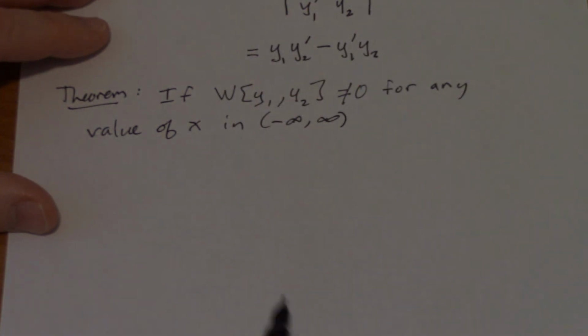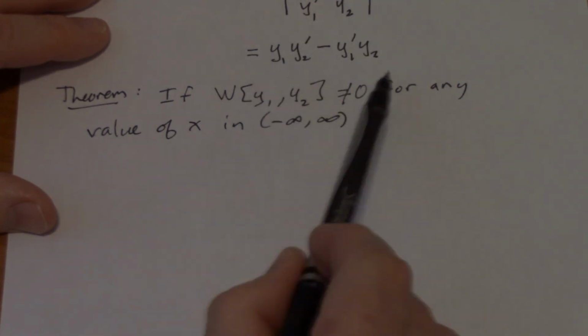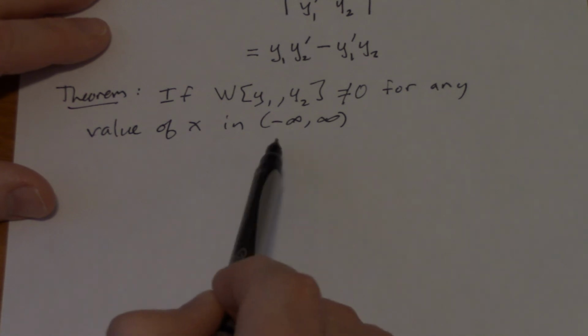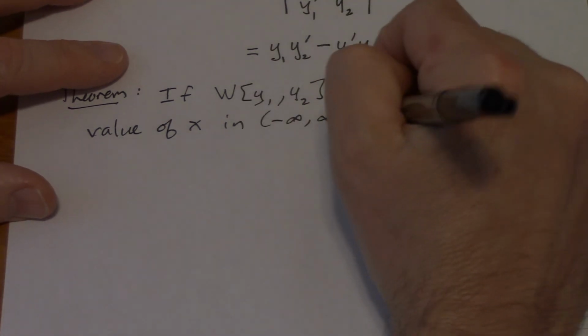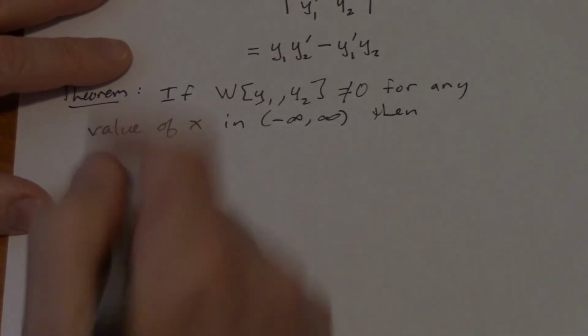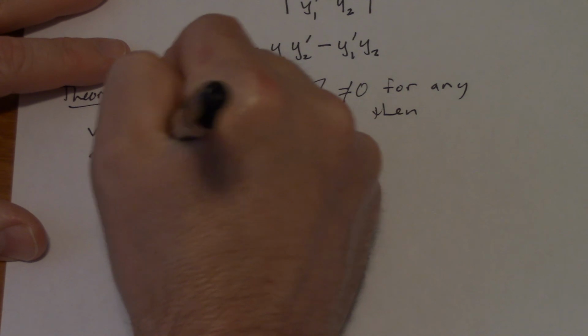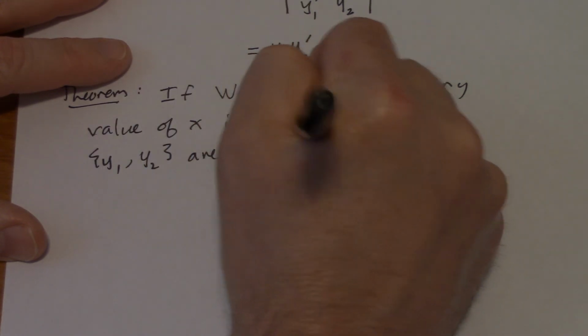Okay, let me move my hand from that. So if the Wronskian is non-zero, so basically these are functions, so when I multiply this out and sort of put it together, we get a function. So if I get a function that can never ever be 0 for any value of x, then the implication is that the set y1 and y2 are linearly independent.